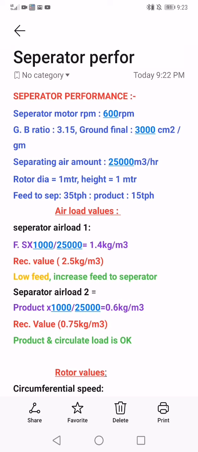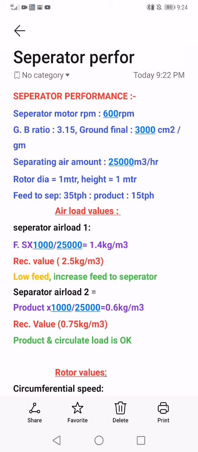We can take it from the separator vent, which goes through the duct to the bag filter fan process bag filter, and we have to take rotor diameter and rotor height, and we can find out the feed to separator, which is 35 tph and product 15 tons per hour.